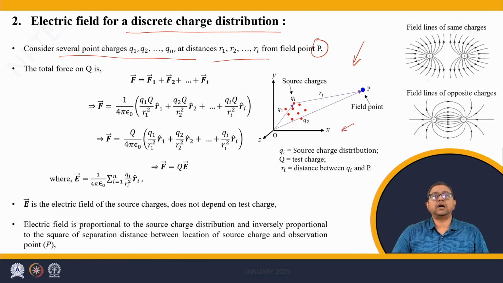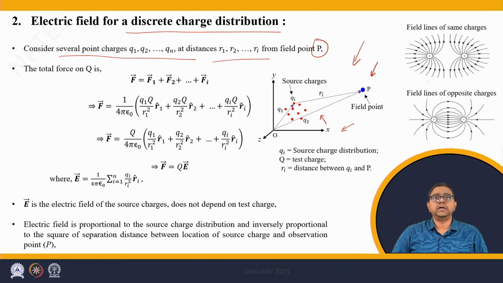We have the Cartesian coordinate system with origin at O and the x, y, z axes. The field point P is the point where the electric field is to be estimated. The red dots are discrete charges.